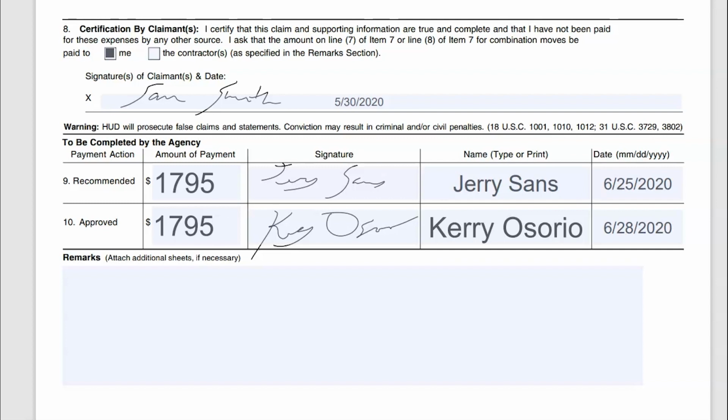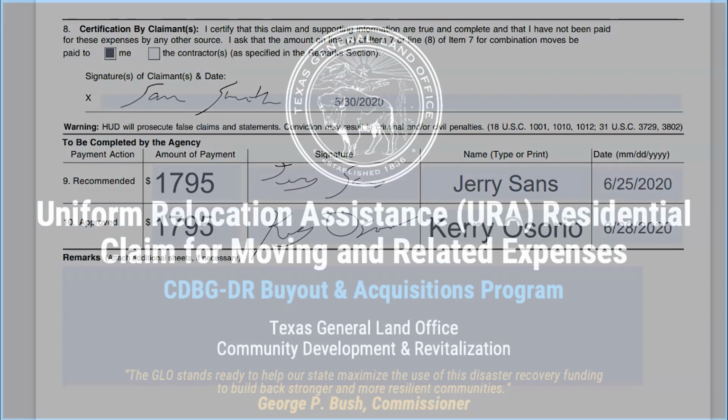If the subrecipient has any remarks about the review, they should include them in the remarks section. Finally, the subrecipient should provide their determination of the eligible amounts of the claimant. If the full claim amount of the claimant's claim is not approved, the subrecipient should provide a written explanation for the reason and explain to the claimant how they can appeal the determination if desired.